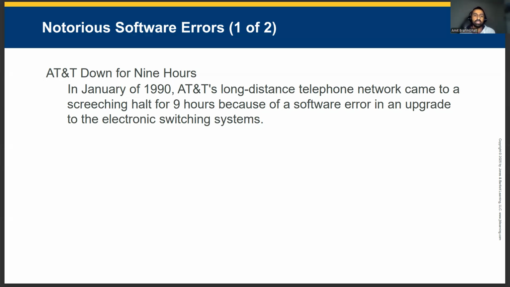The failure was traced to a subtle software error introduced during an upgrade to the company's electronic switching systems. When one switch rebooted and returned online, it sent a message that triggered a flaw in other switches, causing them to crash as well. This cascading failure demonstrated how software errors in large systems can have wide-reaching and costly consequences.